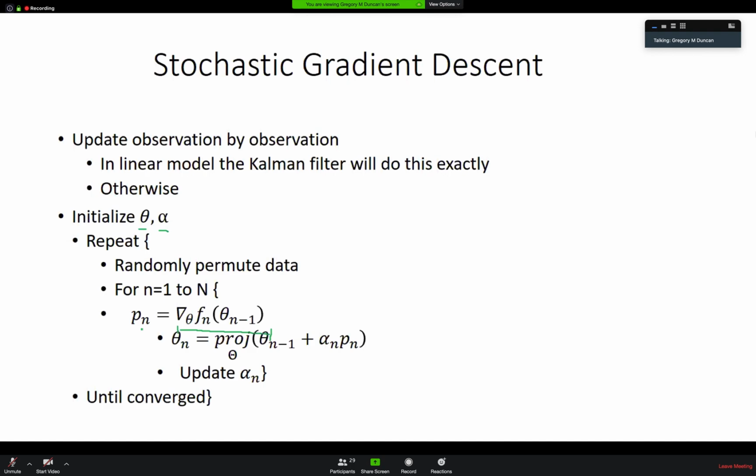We do that until we converge. You may go through the data many, many times; those are called epochs. The nice thing about this is you don't need your data all in there at the same time.